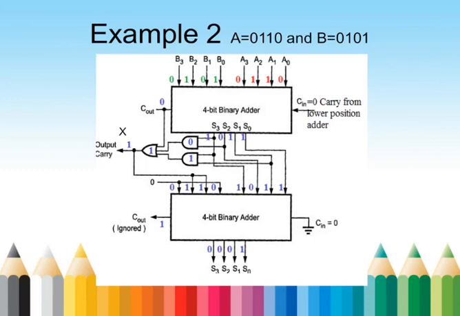To find X, Cout is 0, S3 into S2 is 0, but S3 into S1 is 1, which means X attains the value 1. Whenever X is 1, the obtained sum output is an invalid BCD form.